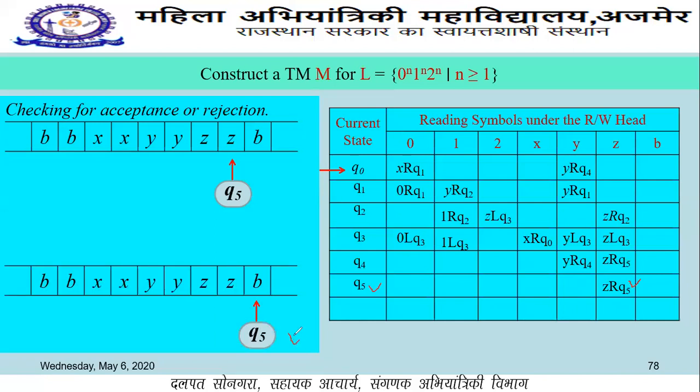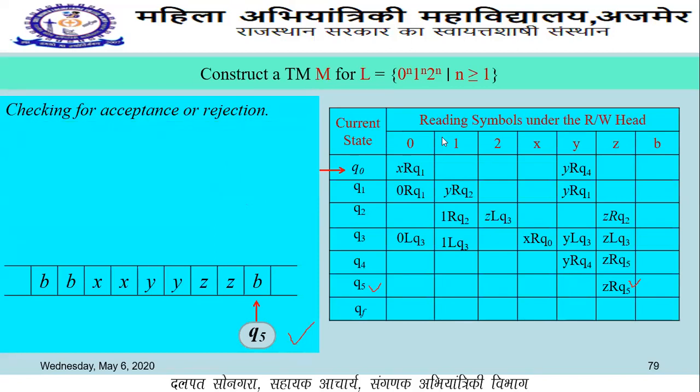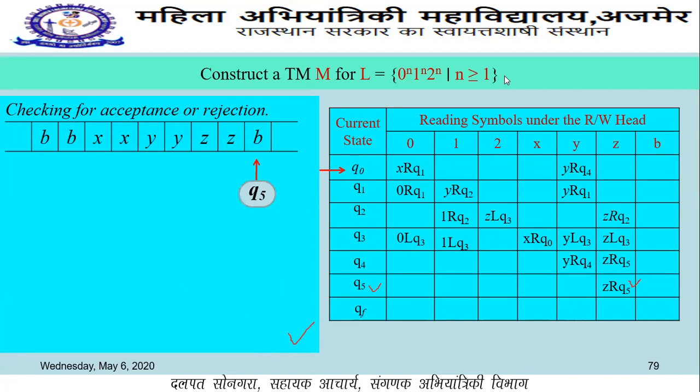If we read blank at state q5, it's simply telling us there is an equal number of zeros, ones and twos. If we reach this new situation where we are at state q5 and reading blank, this is indicating acceptance.